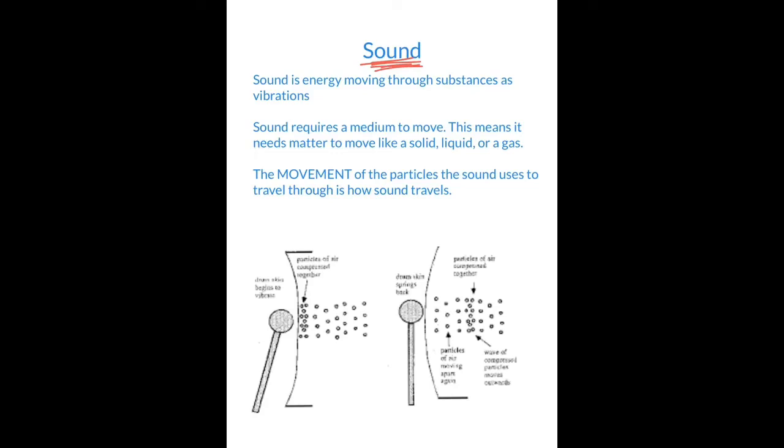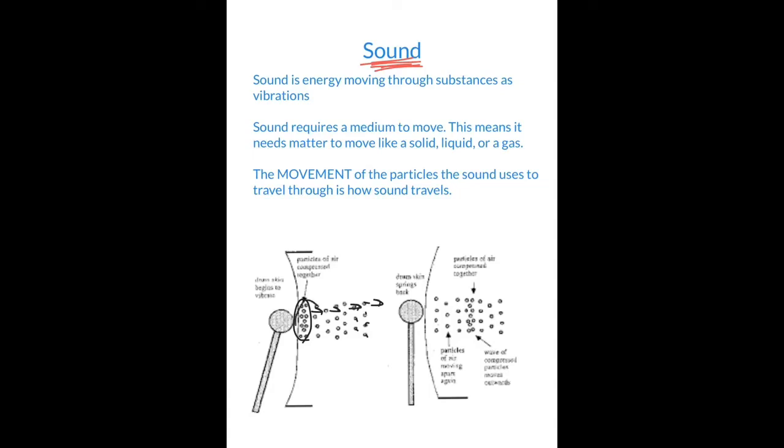Now, the movement of the particles the sound uses to travel through is how it actually travels in itself, and it's kind of shown below. So these little polka dots down here, okay, those are all air particles. And when that mallet hits that side, it's bashing them in together, and then it causes a domino chain effect, and it's causing the sound to travel.